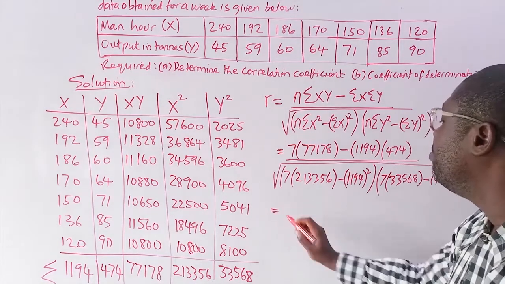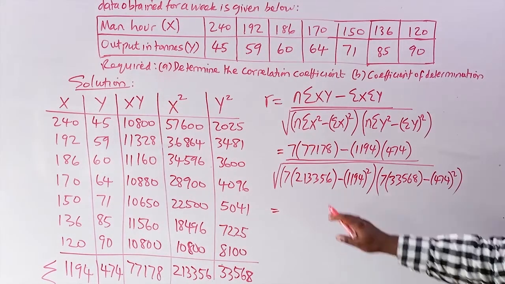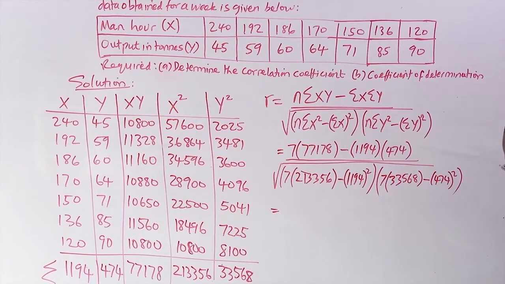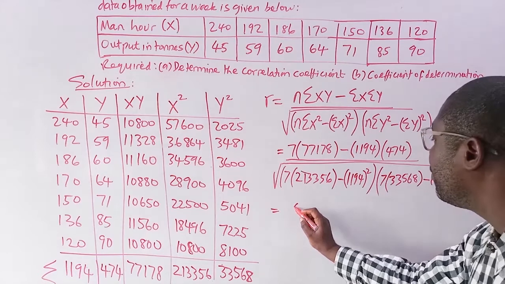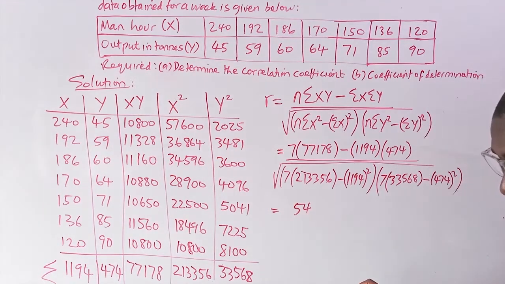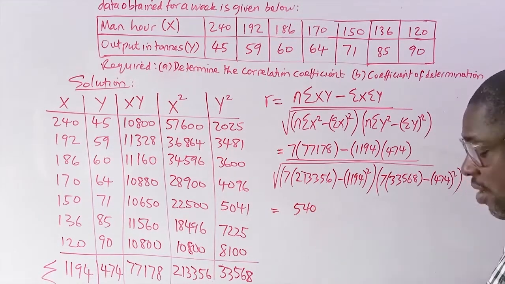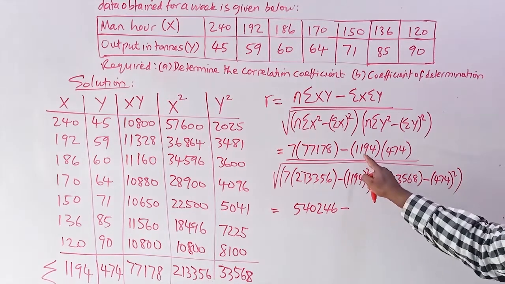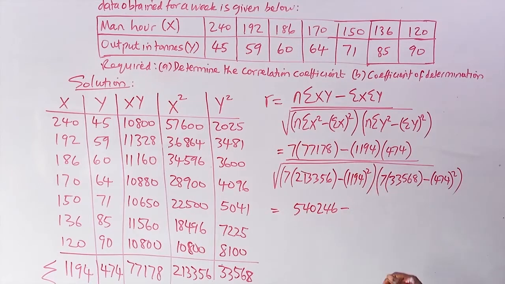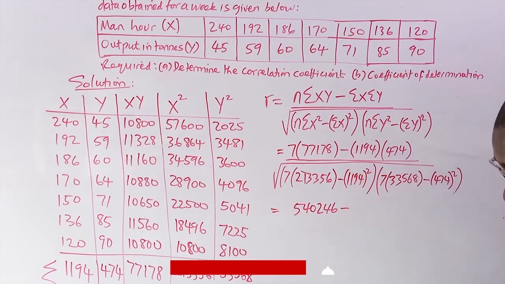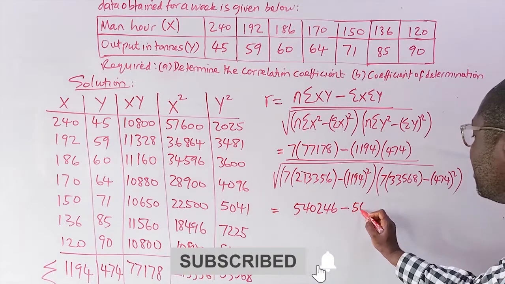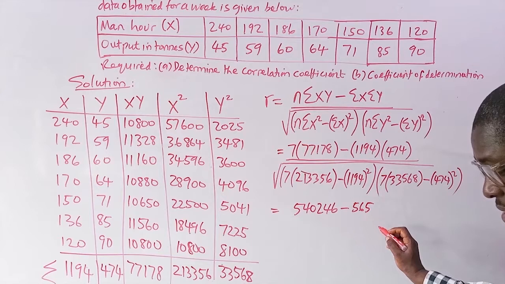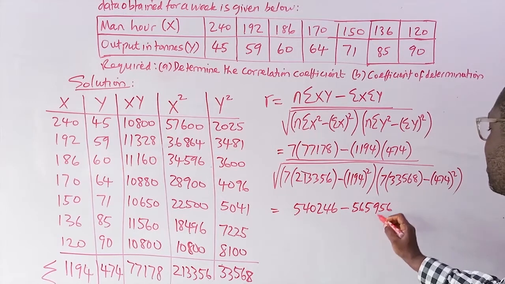Let's start putting in the figures, so that this one, 7 times this value, should give us 540,246, minus the product of these two, the product of 1194 and 474, should give us 565,956.